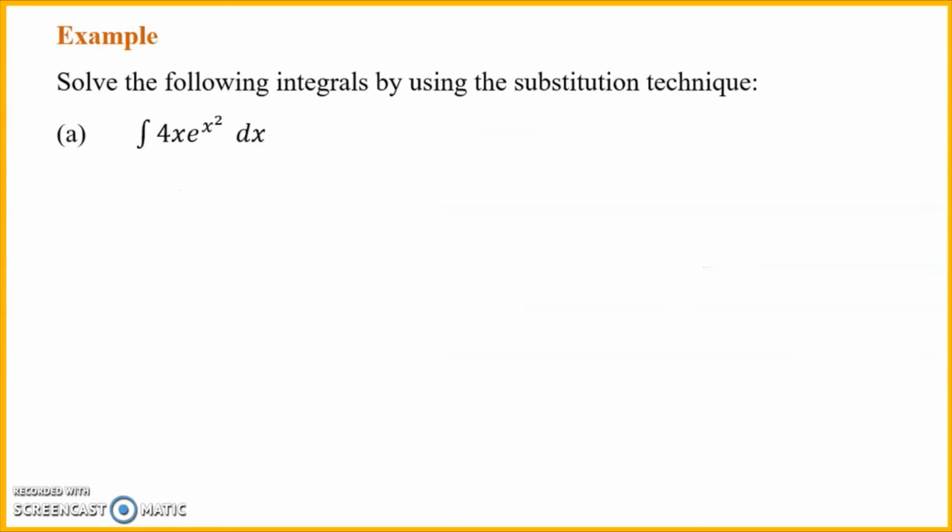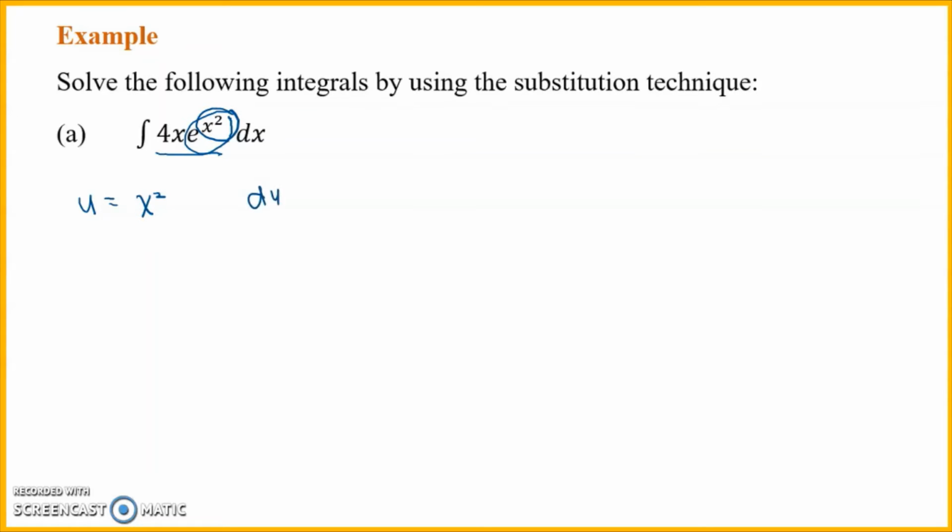Now, let's look at this example. The integrand is 4x e to the x squared. We have a problem doing the integration directly due to this term. So, by using the substitution technique, what we can do is substitute u equal to x squared, this term. Then we differentiate.